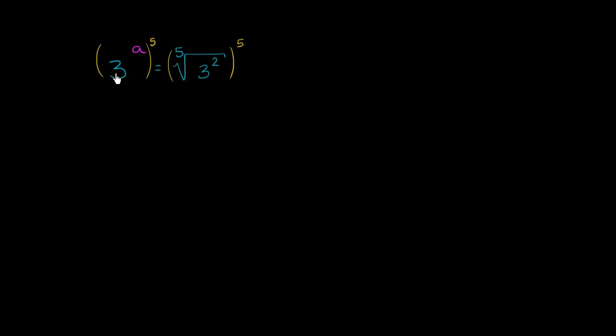Now, this left-hand side, we just have to remember a little bit of our exponent properties. 3 to the a to the 5th power. If we want to remind ourselves where that comes from, that's the same thing as 3 to the a times 3 to the a times 3 to the a times 3 to the a times 3 to the a. Well, what's that going to be equal to?